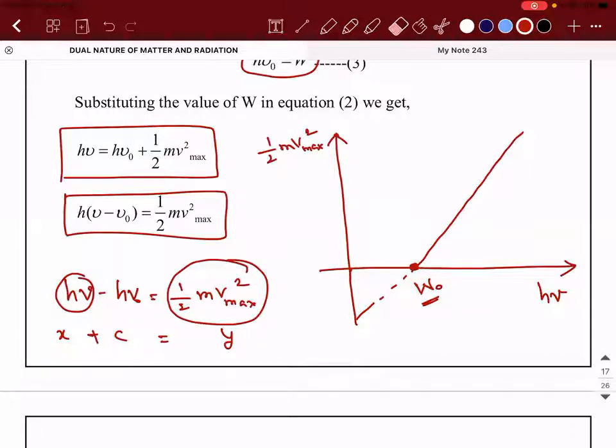Or I can take it like this also. If I take only frequency also, it will be something like this. Then the slope of this line will be h. Okay.